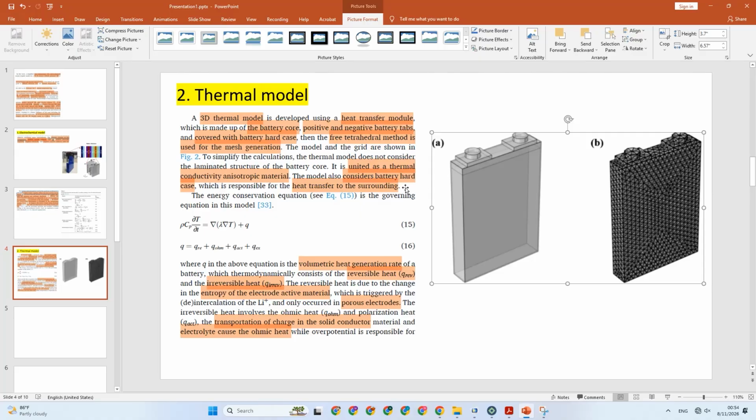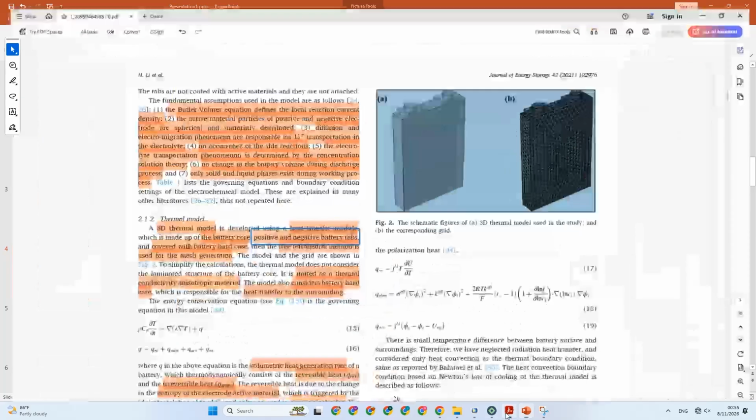And finally, we used some arrows to refer what each one of these components means.